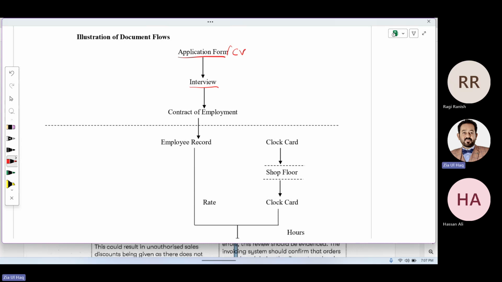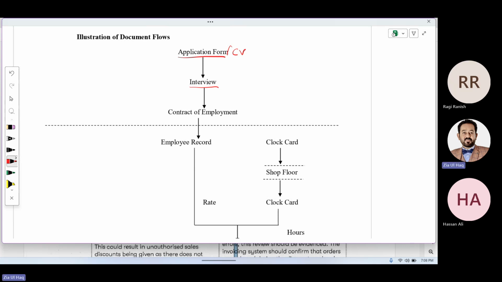If the company is having 3 shifts of employees, which shift will he work, day, evening, night? Whether he will work on Saturday, Sunday as well? How many holidays will be allowed? I mean, everything between company and employee will be discussed in the interview. Rate, mainly rate, overtime rate, and holidays.